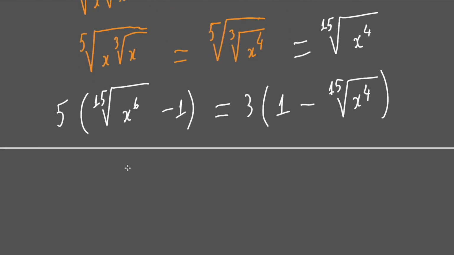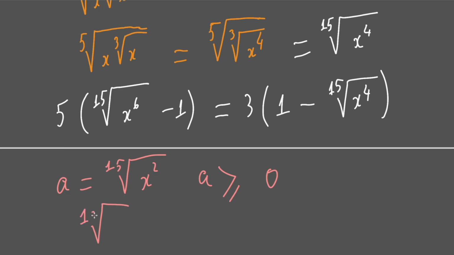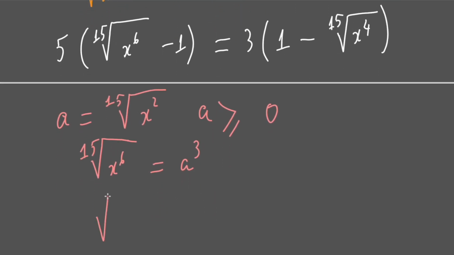Then we see that there is a substitution we can use, where a equals the 15th root of x squared, and a is non-negative. Then the 15th root of x to the power of 6 will be equal to a to the power of 3, and the 15th root of x to the power of 4 equals a squared.